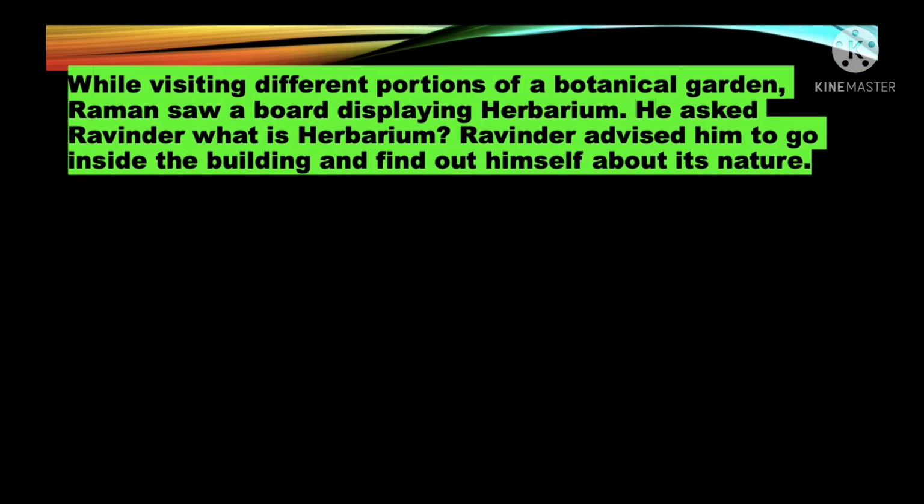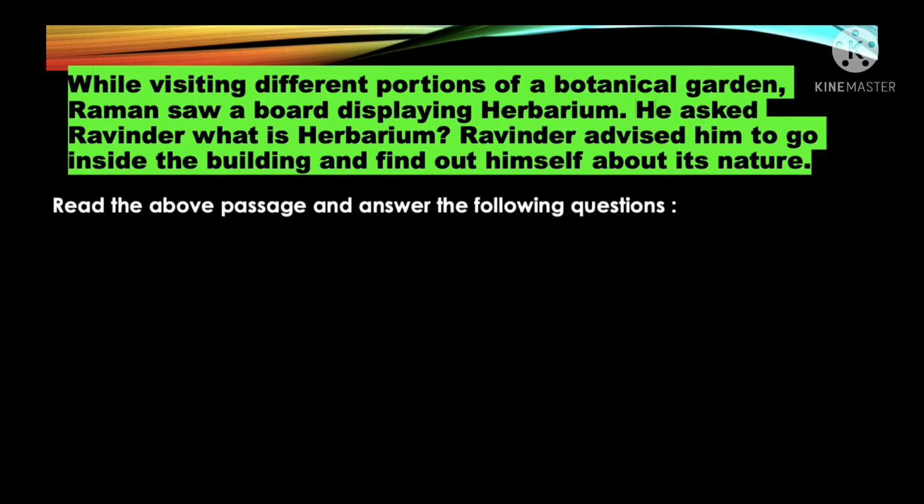Now, the next paragraph is: While visiting different portions of a botanical garden, Raman saw a board displaying herbarium. He asked Ravindra, "What is herbarium?" Ravindra advised him to go inside the building and find out himself about its nature.